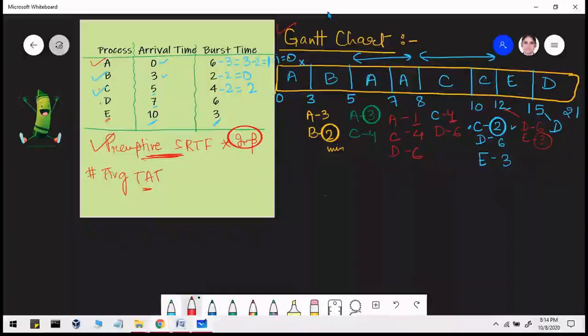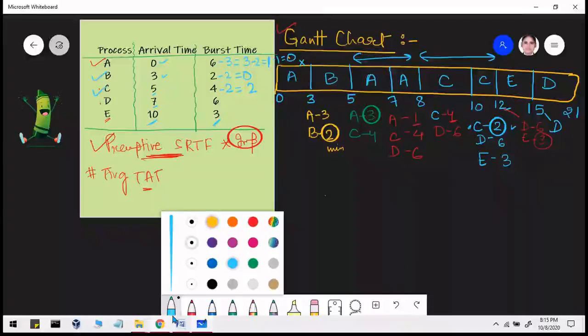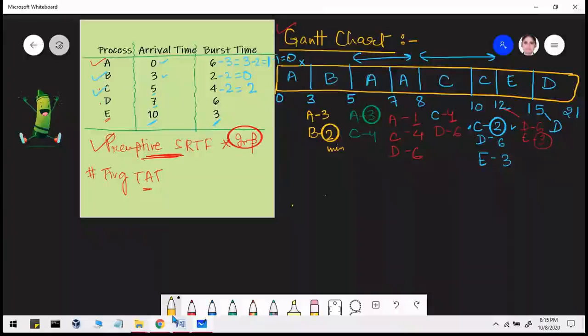Now let's find out the average turnaround time. First of all, find out the turnaround time of all the processes individually. So we will find out the turnaround time of A, B, C, D, and E. Let's find it out.